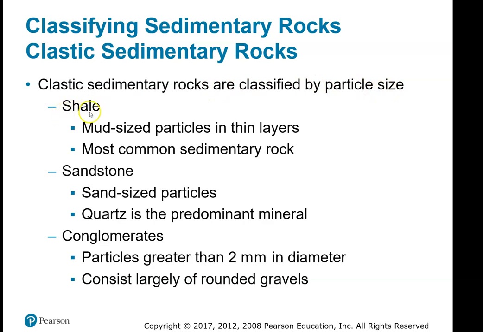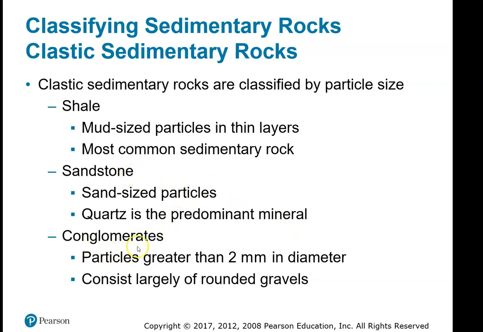The smallest of them all is what we call shale. It's made from mud size or silt size particles. Sandstone is a little bit bigger. You'll get a better sense of it when we look at the picture. Quartz, of course, is the predominant mineral involved in creating sandstone. Remember, we're talking about making rocks now.